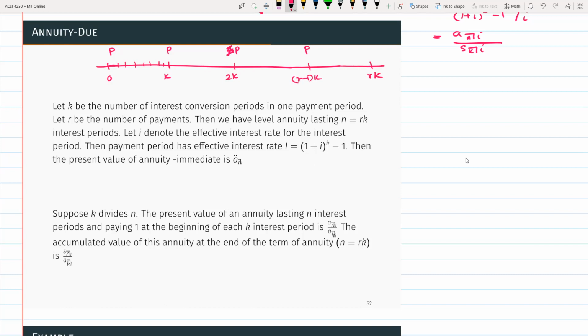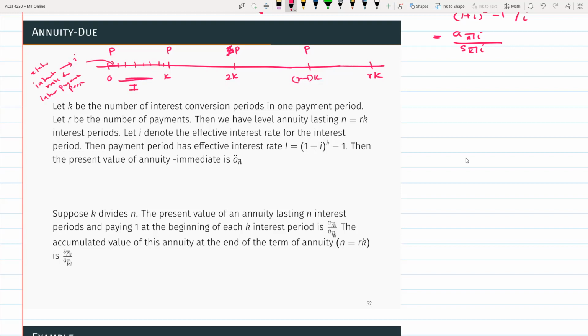Okay, so this is i, which is the effective interest rate for the interest period. And this is the payment period.